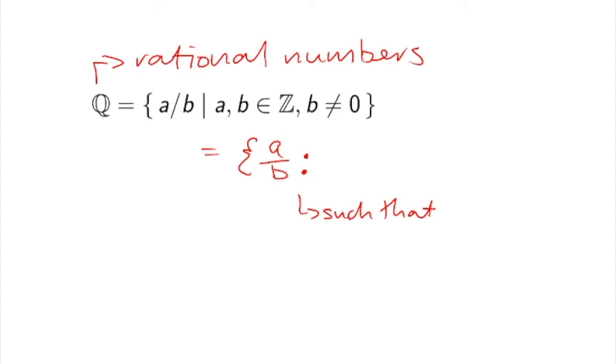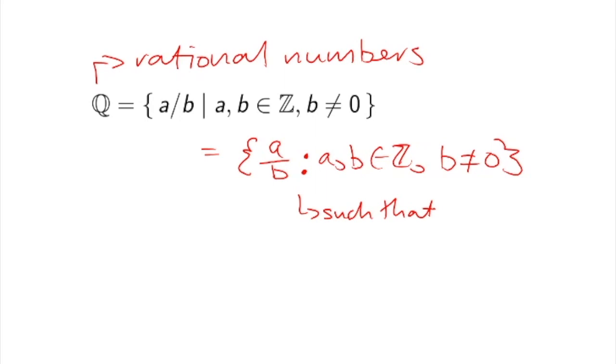And so a and b are integers, and b, or the denominator in this case, is not equal to 0, otherwise we'll be dividing by 0. So we can read this set to be a divided by b such that a and b are integers, b is not equal to 0.